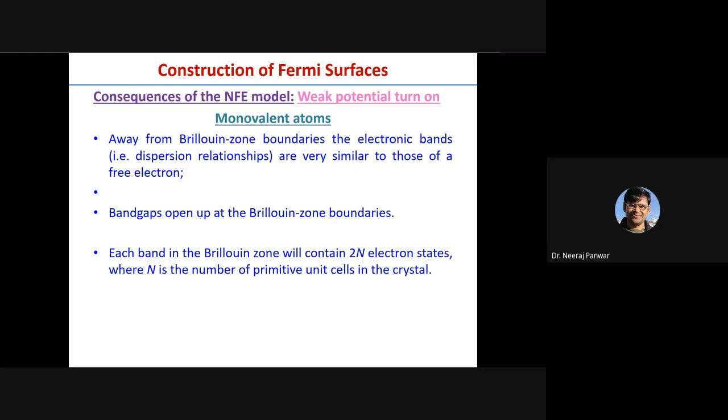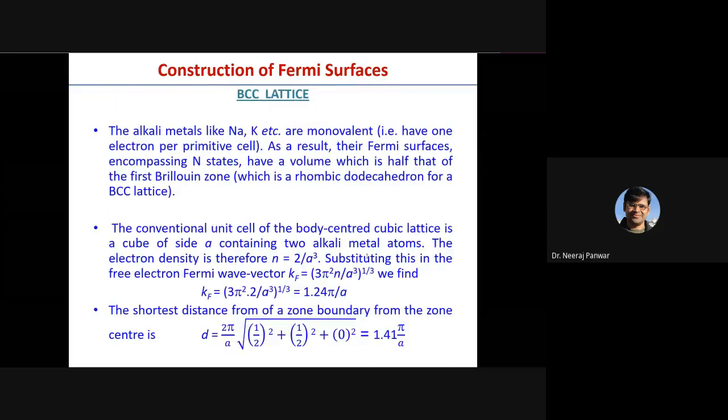In other words, we have a crystal that contains N primitive cells. So if we want to see how many k points lie in the first Brillouin zone, that would be equal to the number of primitive cells in the crystal. And since each k point can hold 2 electrons as per the Pauli exclusion principle, the electron concentration in the first Brillouin zone will be equal to twice capital N.